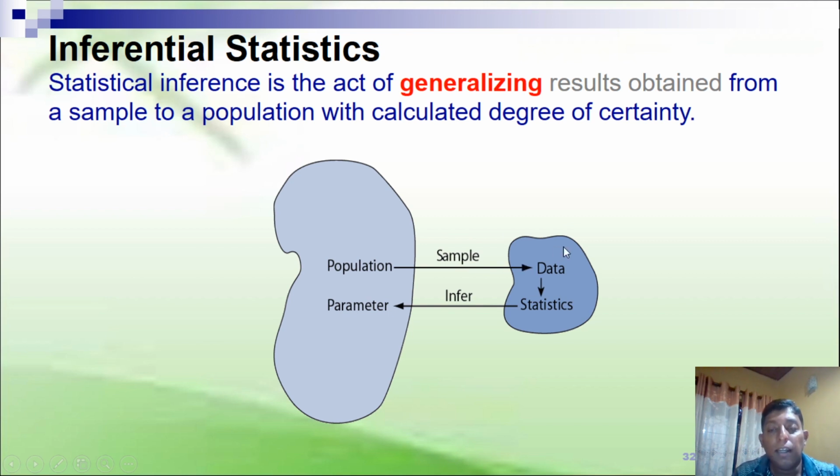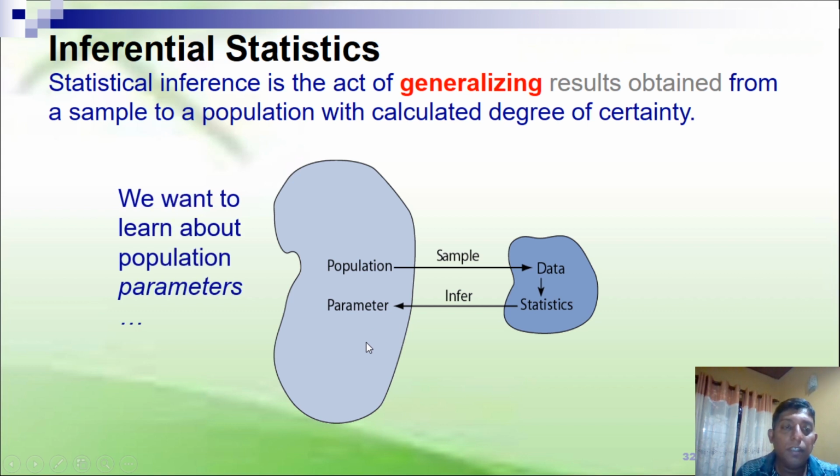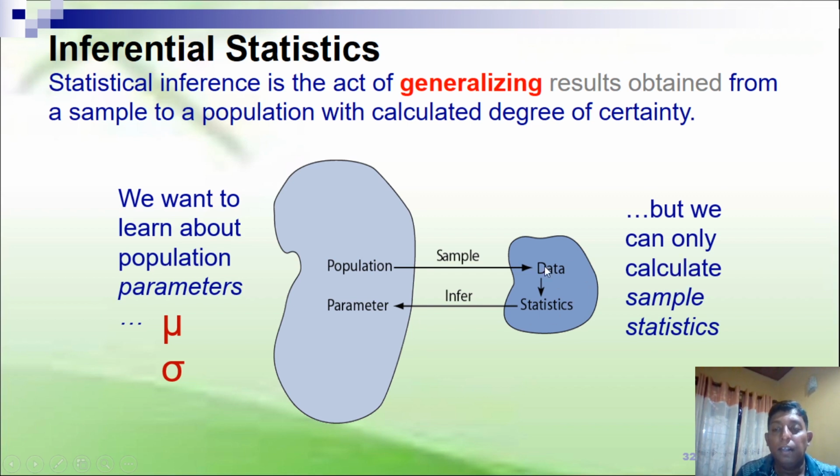Then we study the sample observations, that means we compute the statistics values, where statistics indicate the sample characteristics. Based on these computed statistics values, we make inferences about the parameter. That process we call inferential statistics. Here we want to learn about population parameters such as the population mean mu and the population standard deviation sigma. Then we take a sample and calculate the relevant sample statistics.